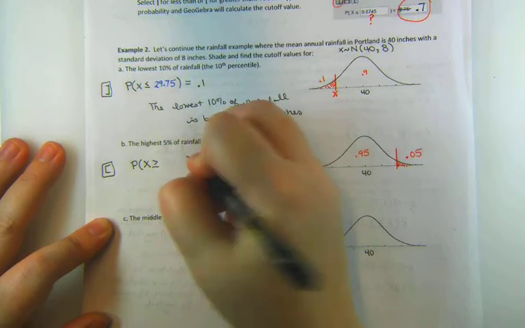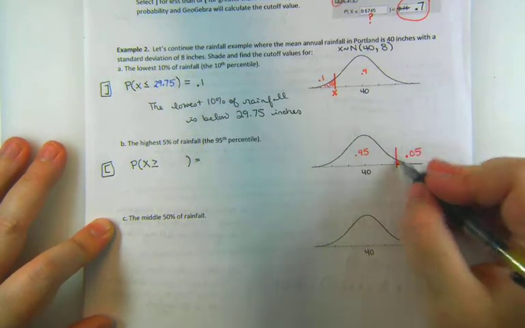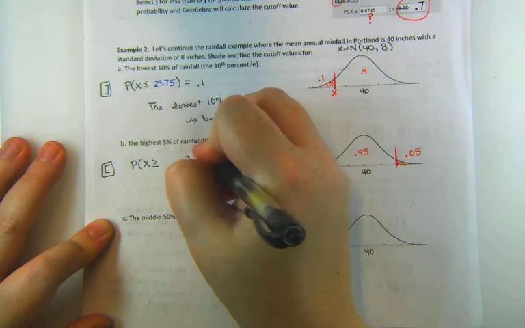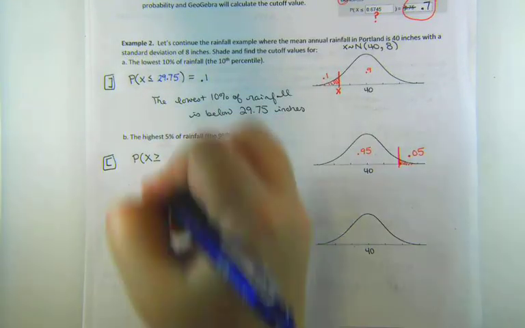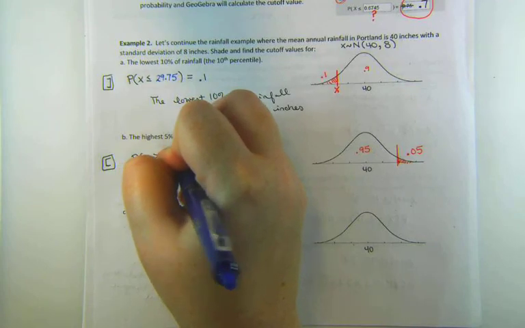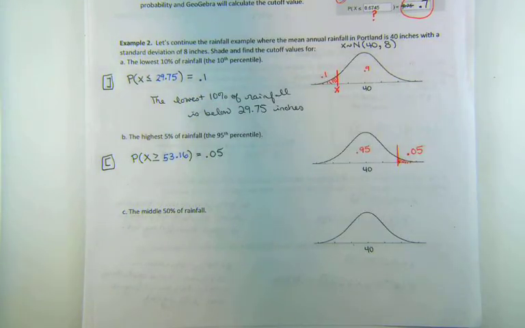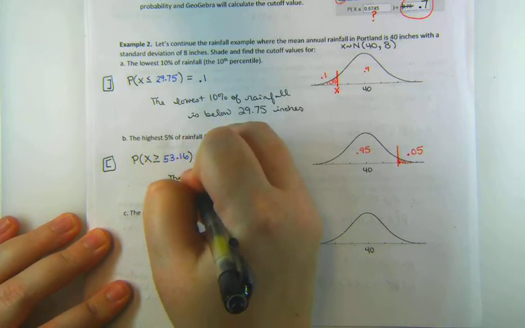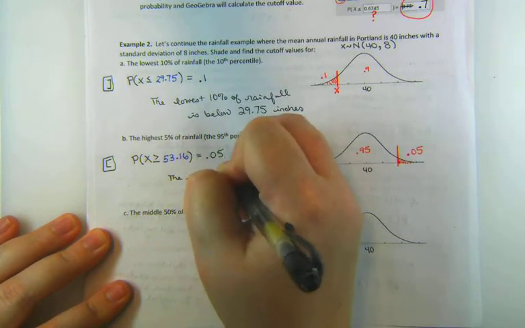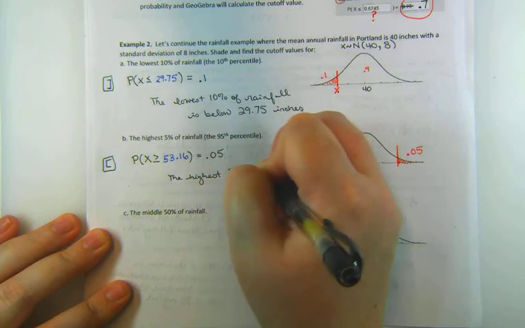So for this one, if we wanted to keep with this 0.05 being the highest percentage, we want this right tail. So we'd use the right tail button. That would force us to look at the probability of X being more than or equal to, and we don't know what that is yet. On the other side of the equation, we know that should be 0.05.